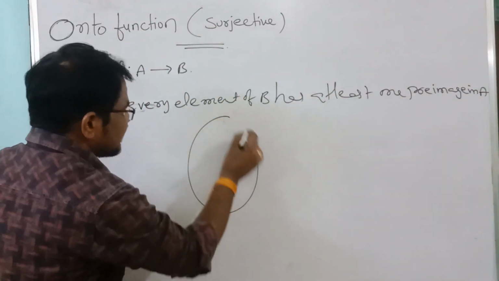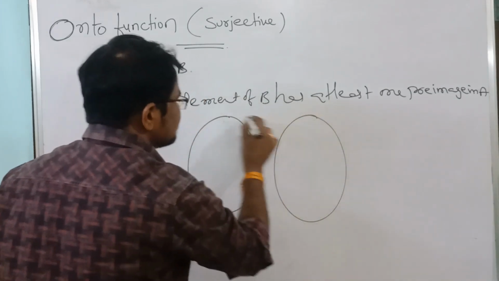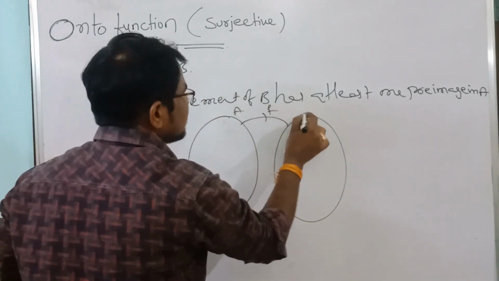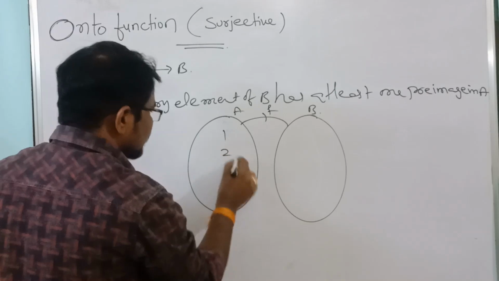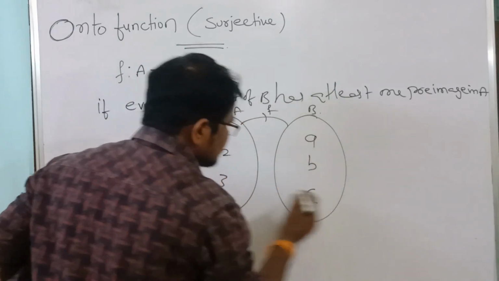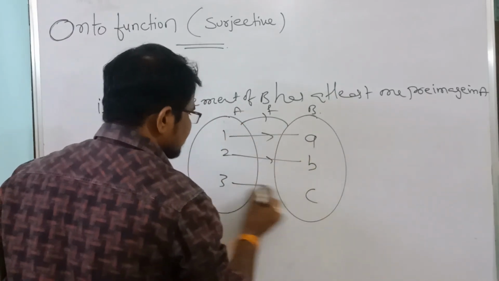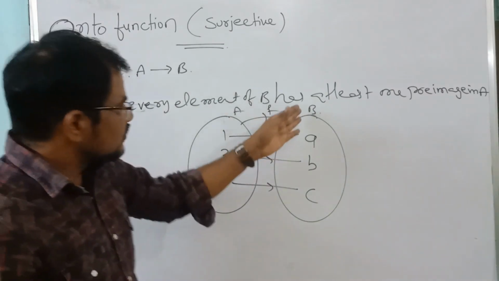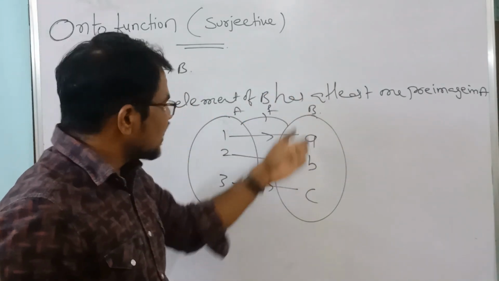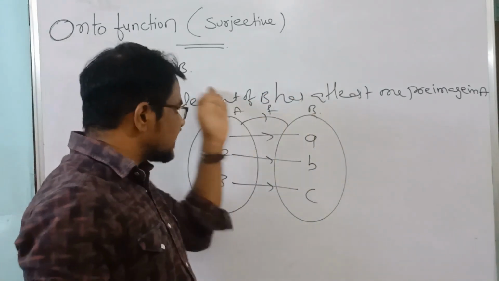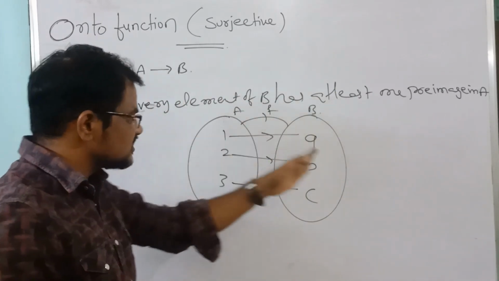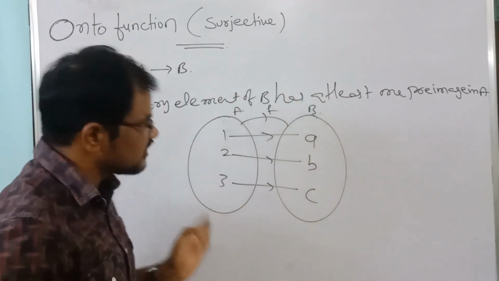Means if you take this as A and this as B, f is mapping from A to B. Here 1, 2, 3 you take, here a, b, c you take. So like this mapping is there. So every element of B has at least one pre-image in A or not. For this one also pre-image is there, for this one also, for this one also pre-image is there.